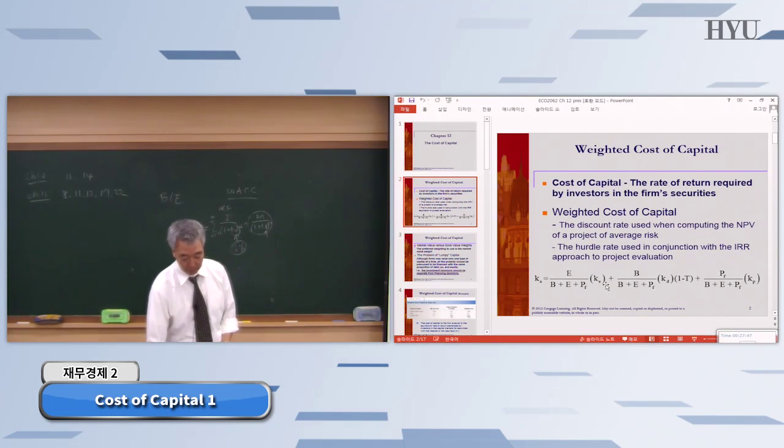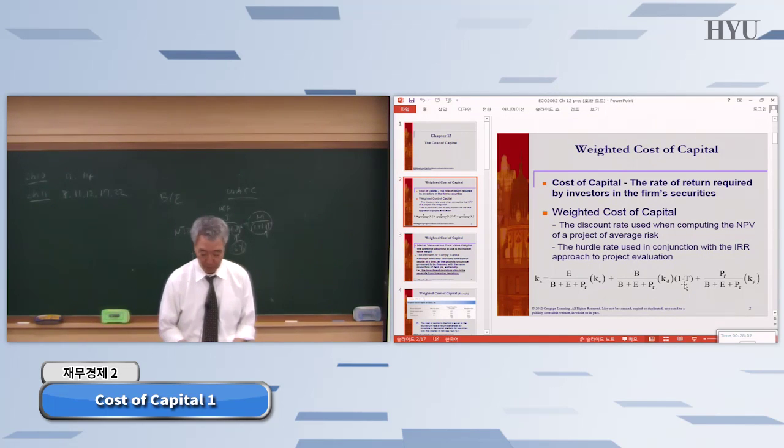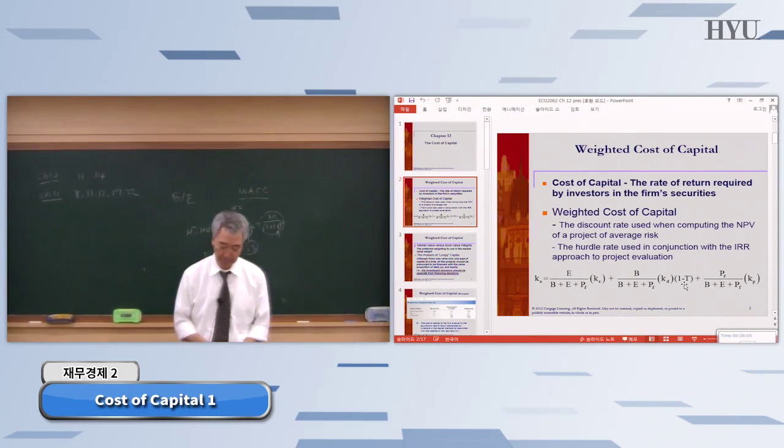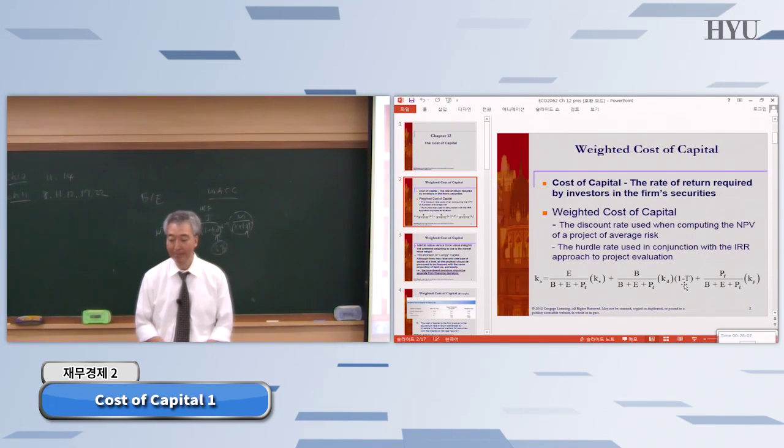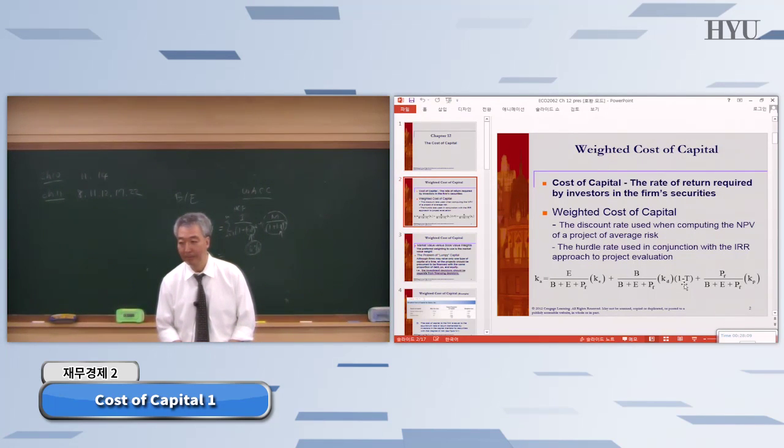So cost of equity capital times the proportion. Cost of debt capital times the proportion. Here we multiply by 1 minus t. What is 1 minus t? Tax rate, right? 1 minus tax rate. Why do we do that? Right.